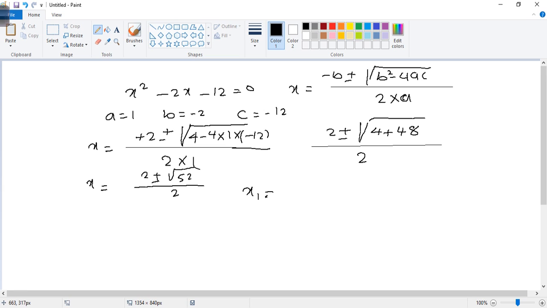So x1 is equal to 2 plus square root of 52 divided by 2, and x2 is equal to 2 minus square root of 52 divided by 2. We can work it out by the calculator. Okay.